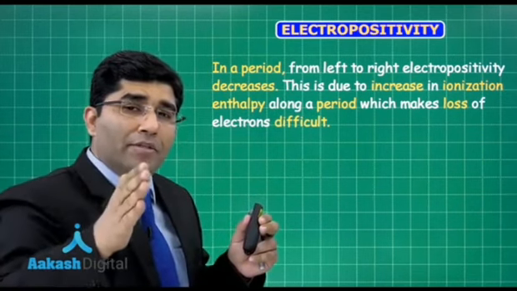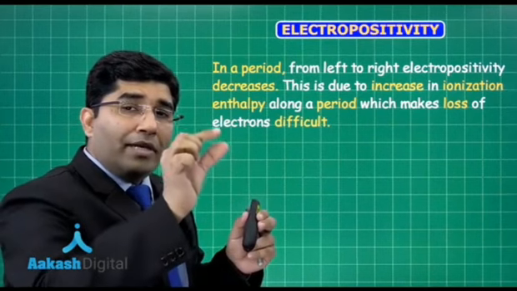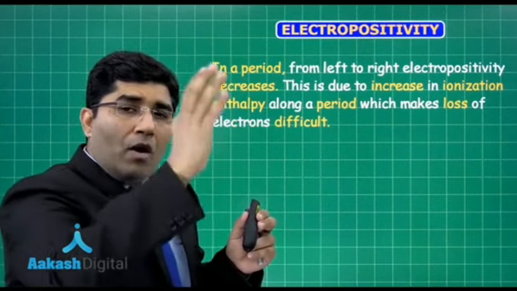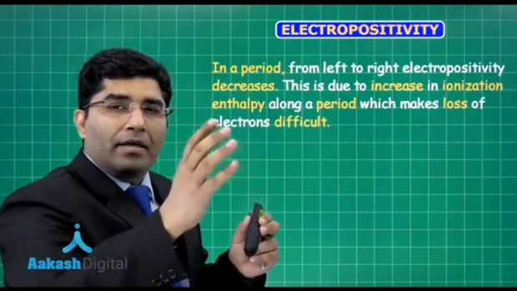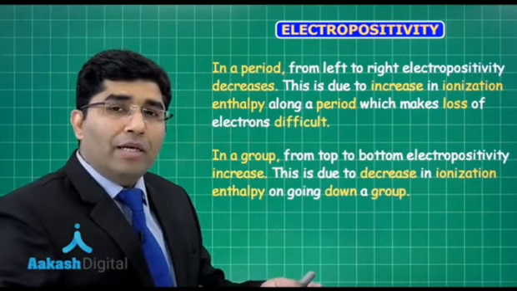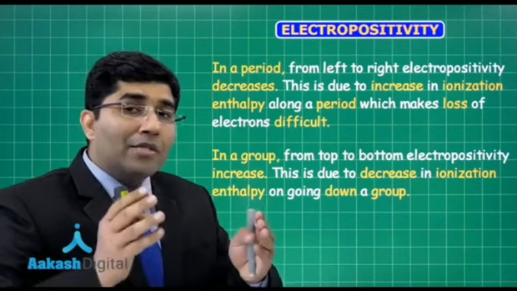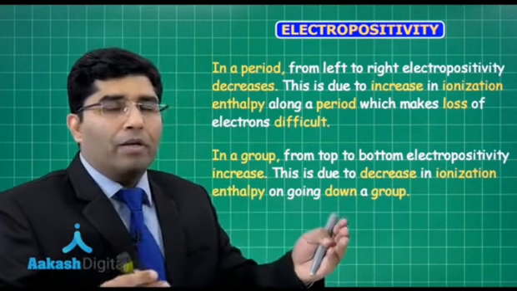So what will happen? Nucleus will tend to attract more the outermost electrons. So the metallic character will decrease. And as we go down the group, the number of shells will increase, the valence electron will go far away from the nucleus, and the metallic character will automatically increase.